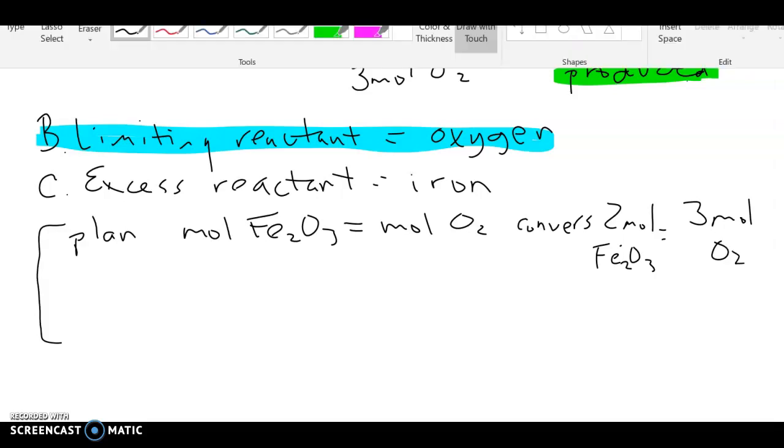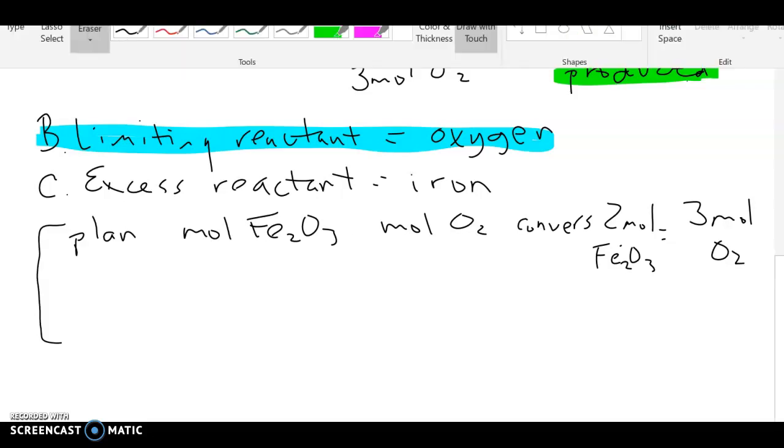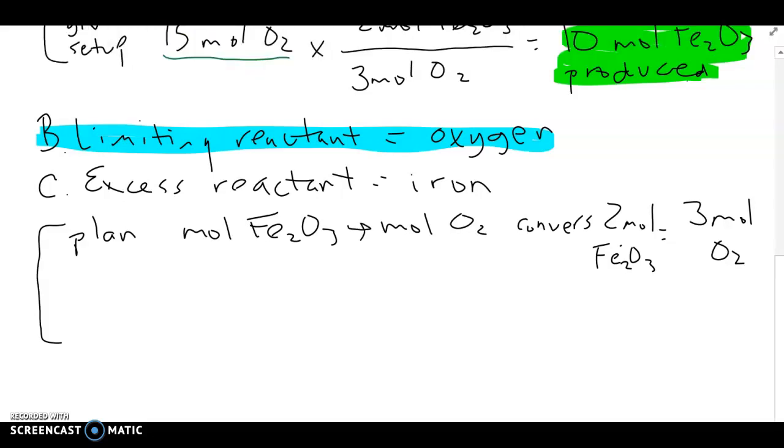Oh, I put the wrong thing there in my plan. I want to have an arrow there just to keep everything consistent. I have 1 arrow in my plan, that means I have 1 conversion. My given is the amount of product I'm producing, that would be my 10 moles of Fe2O3.